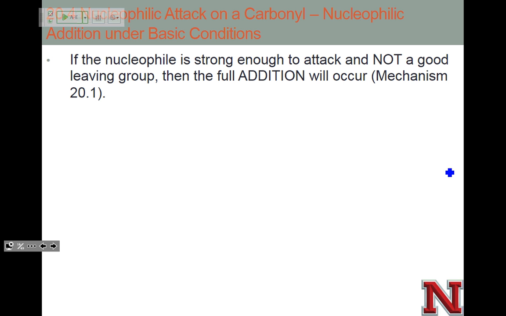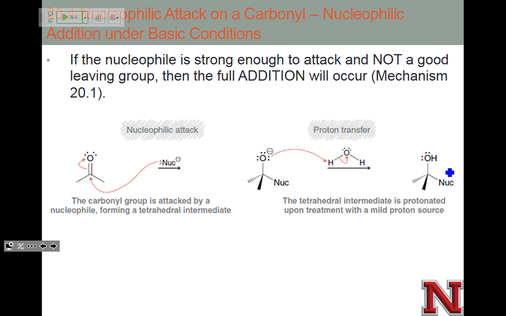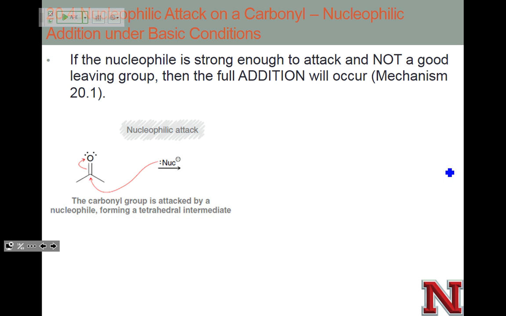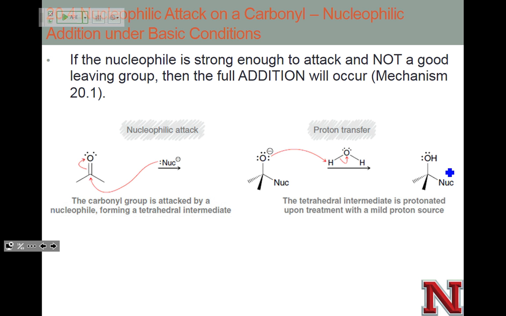So we've looked at the full addition to fully reduce the carbon-oxygen double bond to a single bond, typically forming an alcohol. So if you recall, our nucleophile attacks, and if our nucleophile is really strong with a negative charge, then it goes through this mechanism where we have a negatively charged oxygen. Then eventually water is going to come in, whether we put it in later in the reaction, which is typically the case, and then we'll get the alcohol.